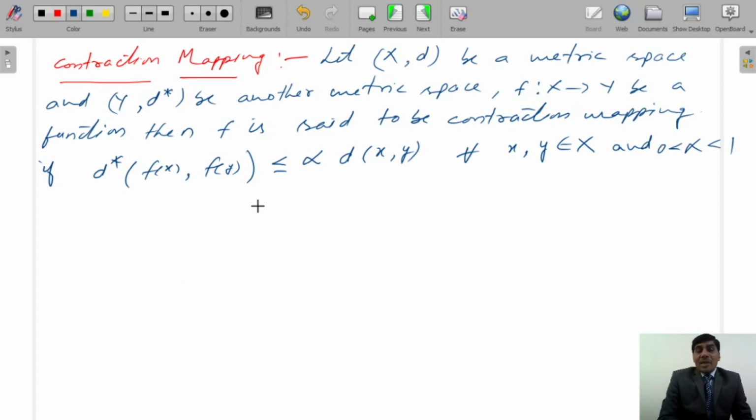Then this mapping is said to be a contraction mapping.